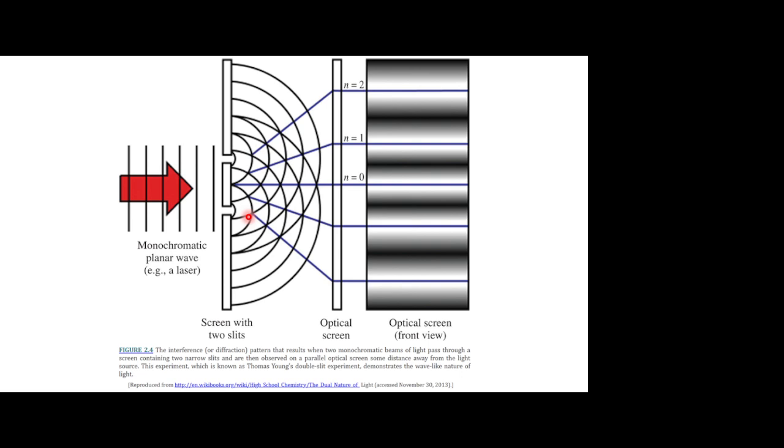Okay, so let's go ahead and look at that in terms of a monochromatic planar wave. This is typically generated by a laser. LEDs as well, if they don't purposefully avoid this. Okay, if you're just having an LED and they've done nothing else, you're going to get something very similar to a laser and a monochromatic planar wave.